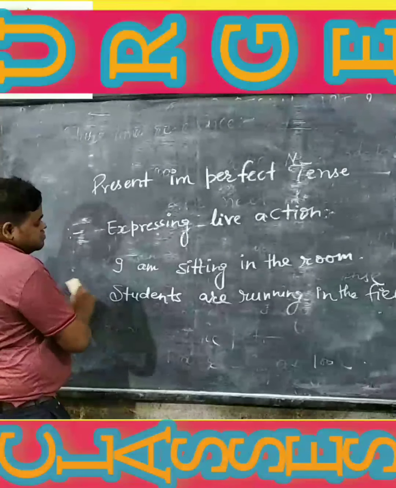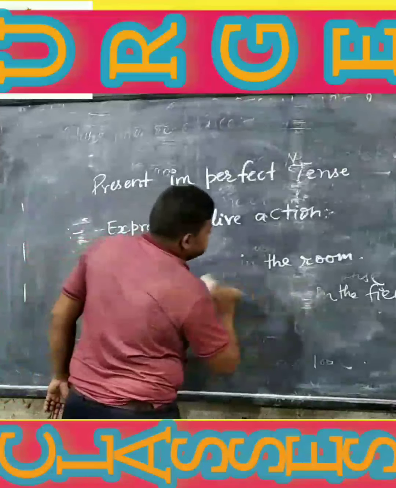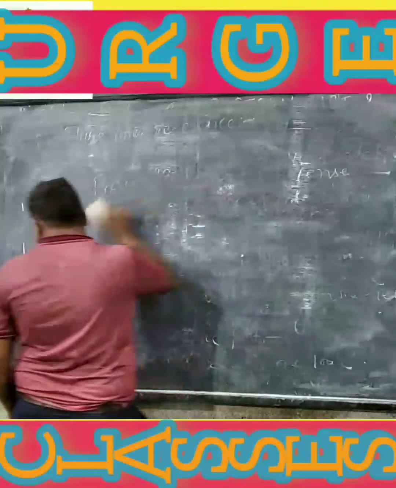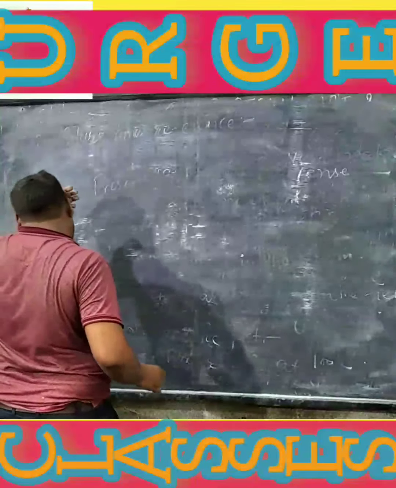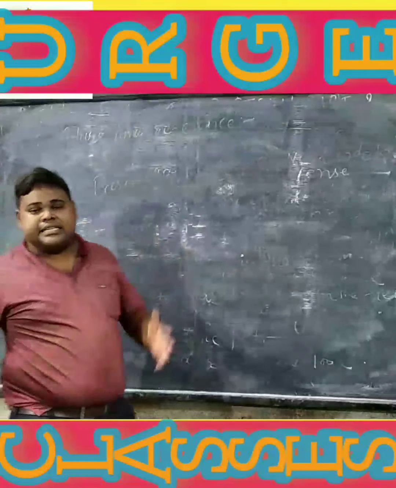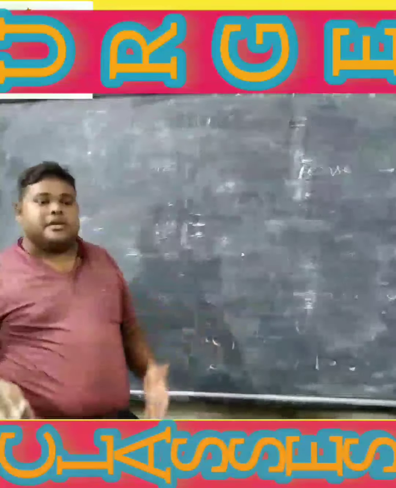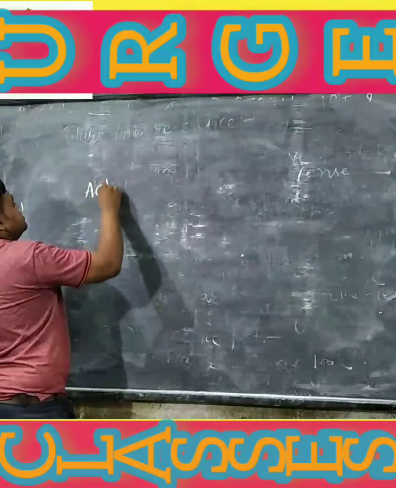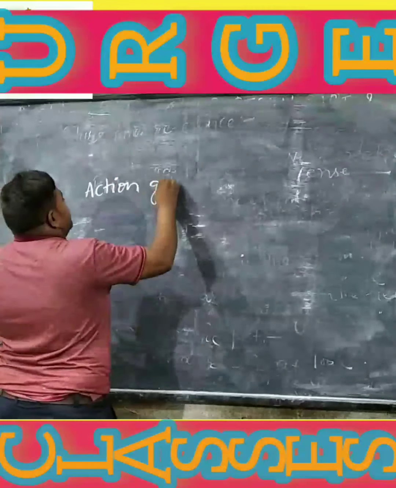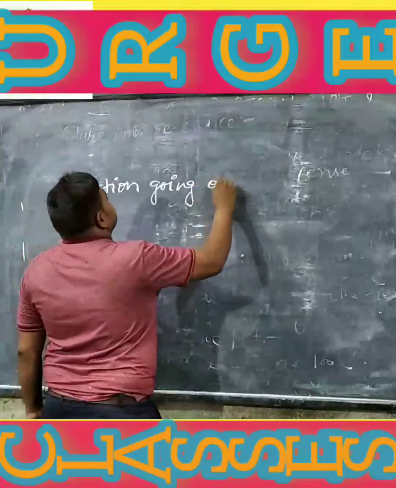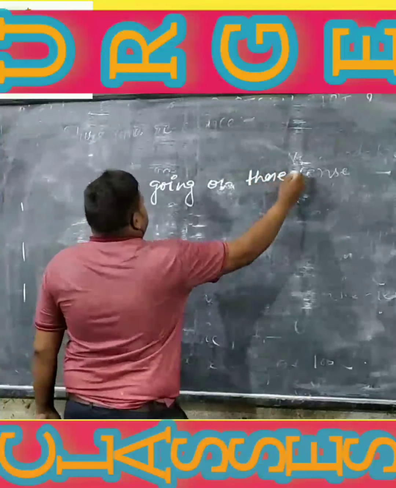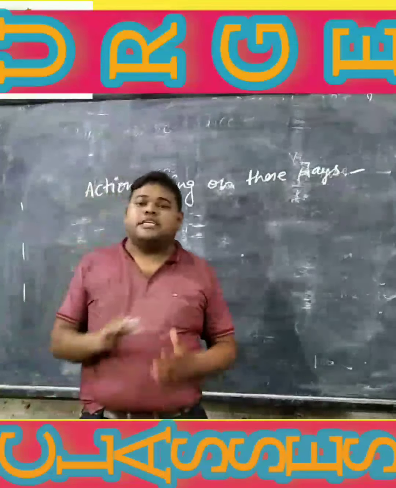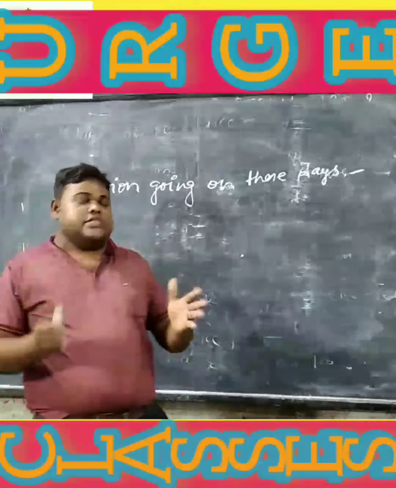Now, another application of present imperfect tense: it can be applied regarding an action which is going on these days. In this case too, we can apply present continuous tense.